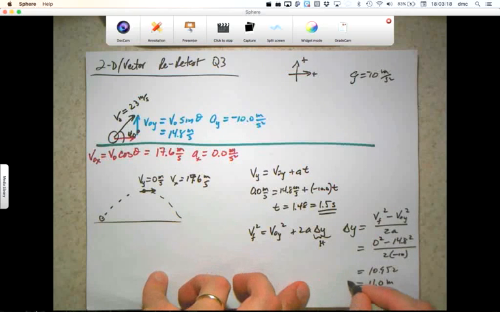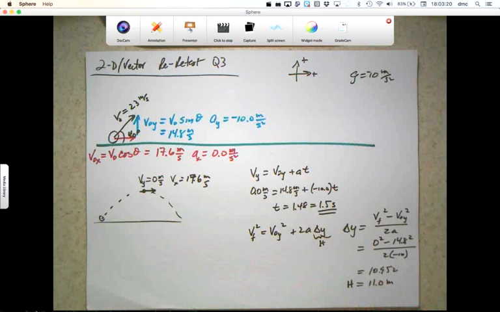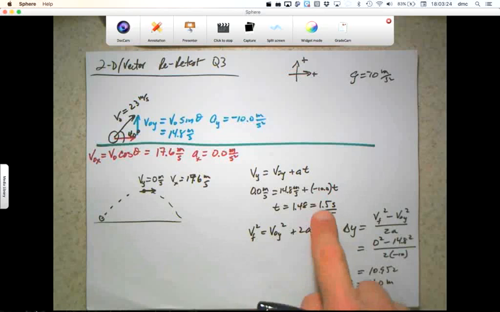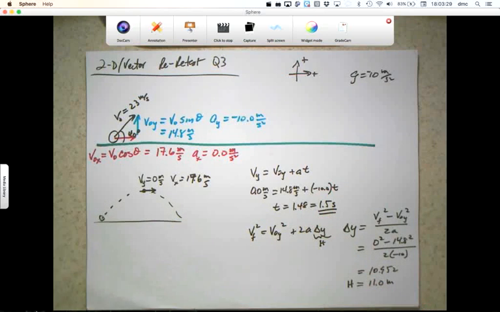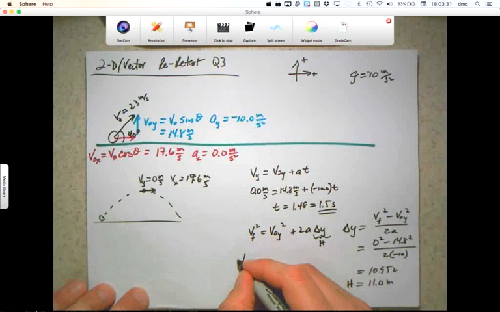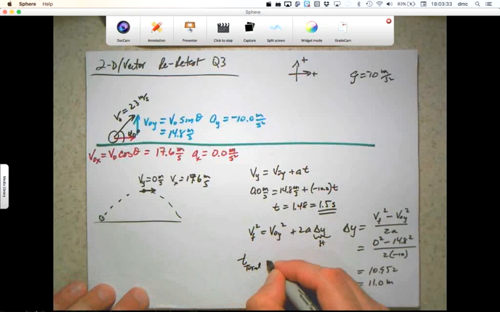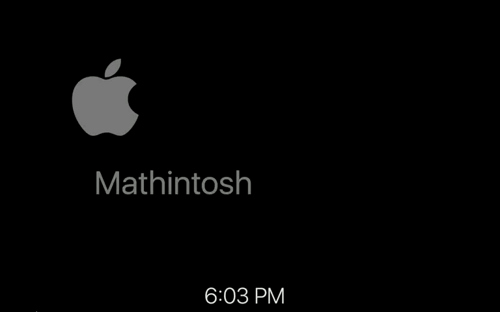So that's my height, that's delta y. Okay, 11 meters. The total time in the air is 2 times the time to the height because it's landing at the same height as it is being kicked. So total time is going to be 3 seconds because it's 2 times 1.5.